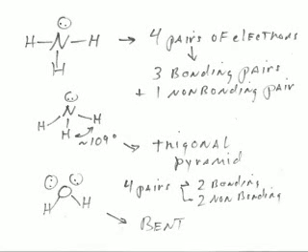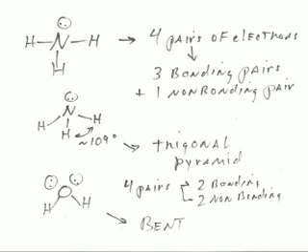We can look at ammonia. In ammonia, the nitrogen starts with 5 valence electrons, uses 3 of them in bonding, one each to each of the 3 hydrogens, and that leaves it a lone pair. So again, we have 4 pairs of electrons around the nitrogen, but only 3 of them are bonding, 1 pair is non-bonding.